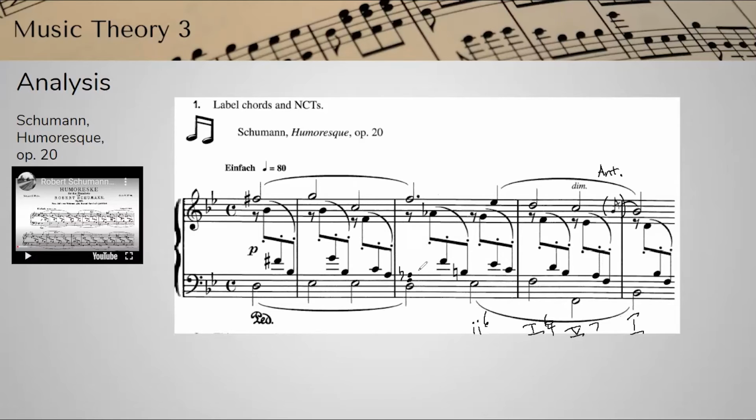And then we have the note B natural as well. So if we rearrange that, this chord in root position would be B natural, D, F, A flat, which is a fully diminished seventh chord.